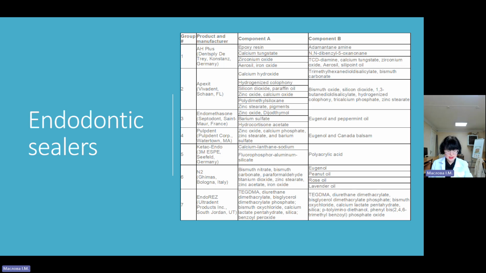No sealer is ideal, but many work well in clinical practice. Some are initially toxic and many may be absorbed to some degree after setting, though their volume is decreased. A lower solubility and thin film thickness are requirements.